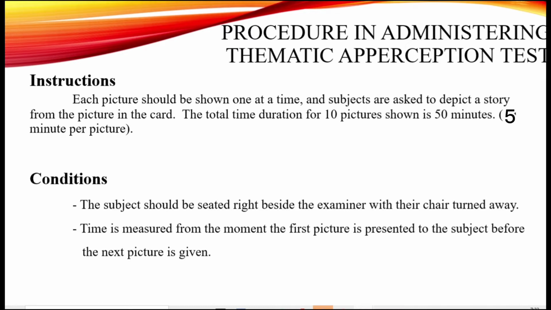Next are the conditions or setting between the client and the examiner. The examinee should be seated right beside the examiner with their chair turned away. Time is measured from the moment the first picture is presented to the subject before the next picture is given. Then we could proceed to the other pictures when all information is given by the client.